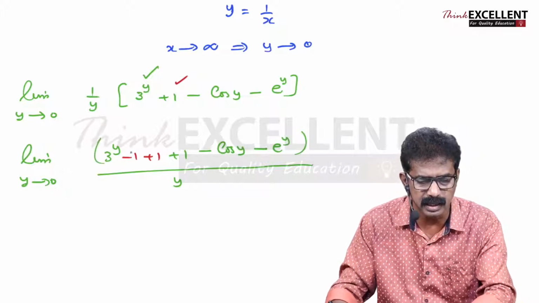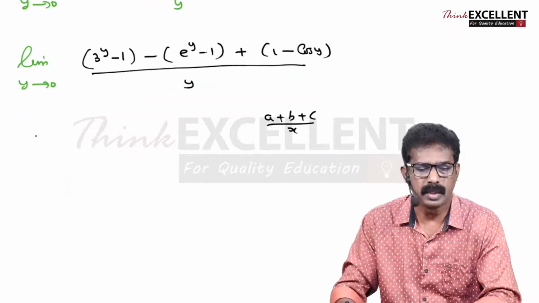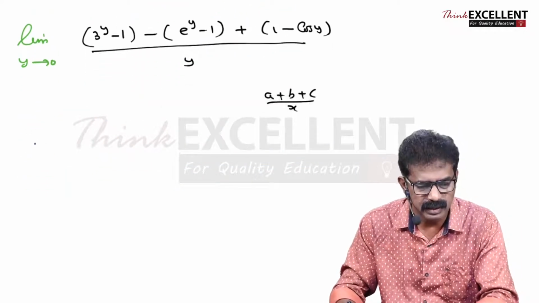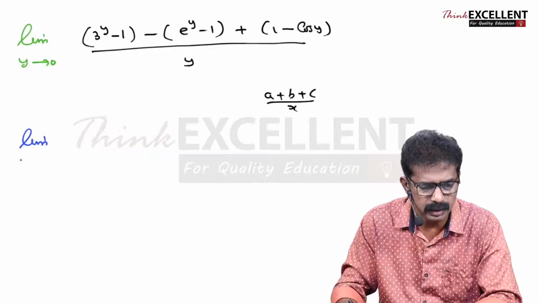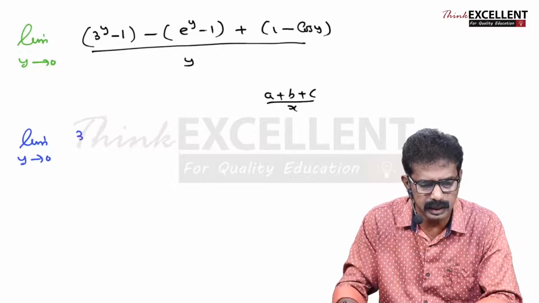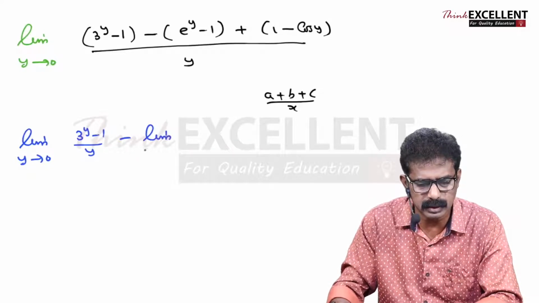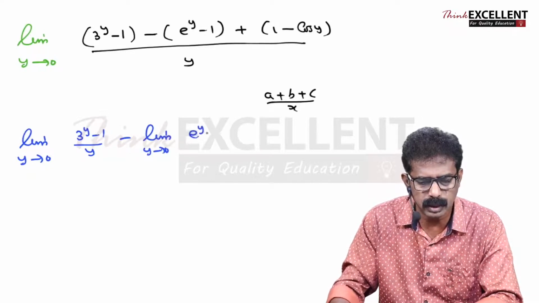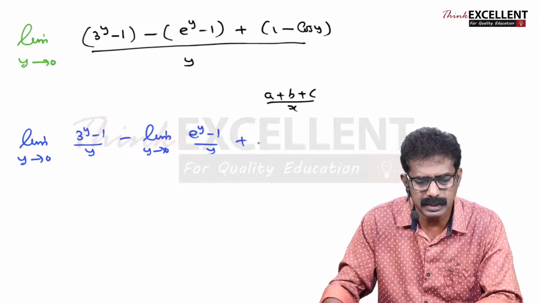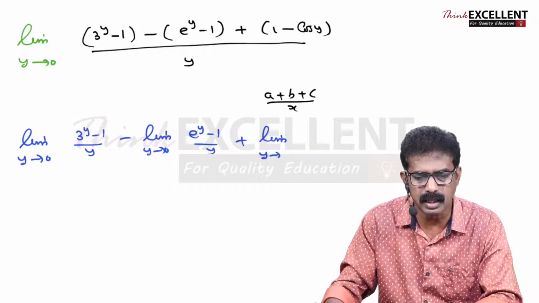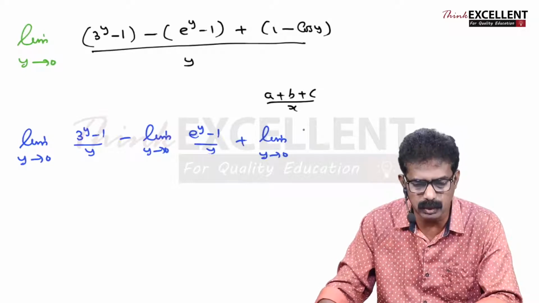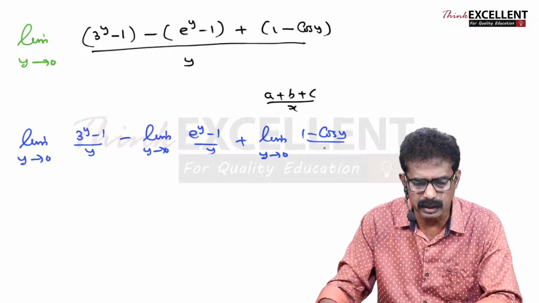Now please listen how we are going to split. We can split into 3, right? The first one, limit y tends to 0, 3 raised to y minus 1 by y, minus limit y tends to 0, e raised to y minus 1 by y, plus limit y tends to 0, the last one, 1 minus cos y by y, right?